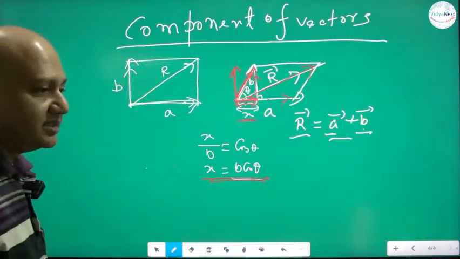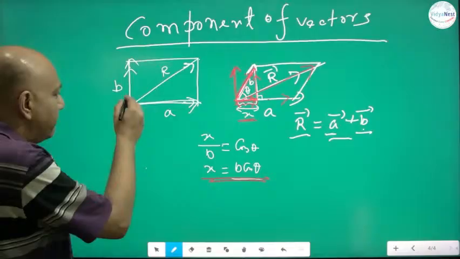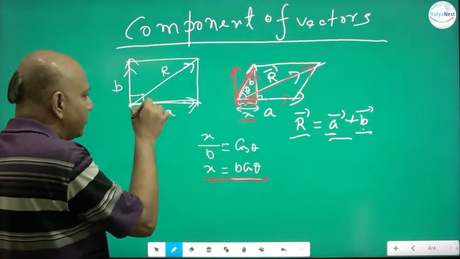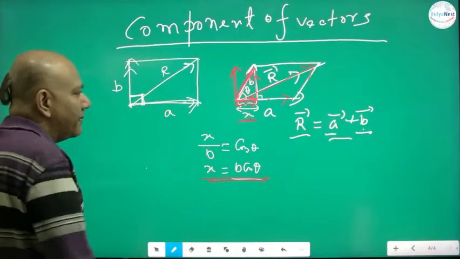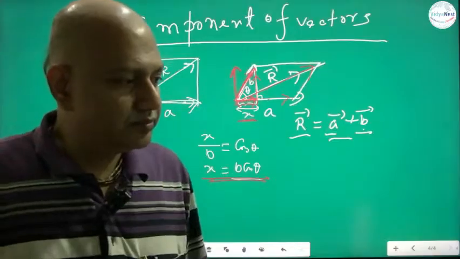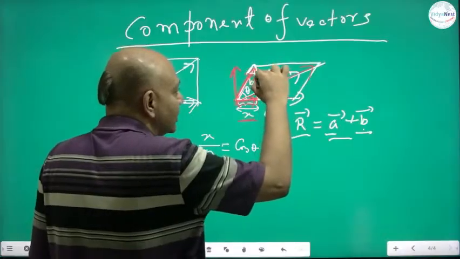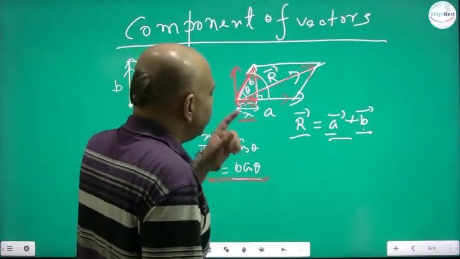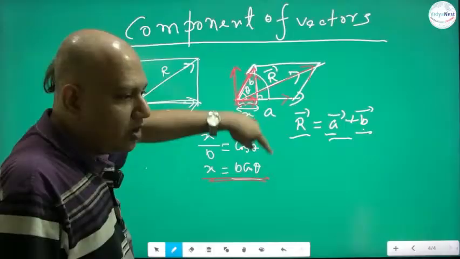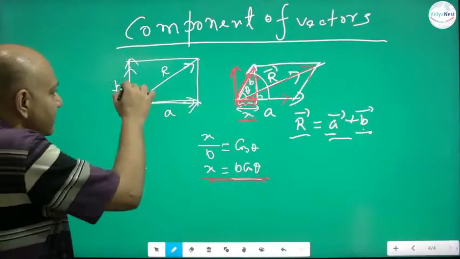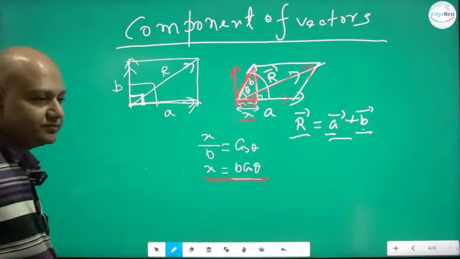Two components are there. But now these components are mutually perpendicular to each other. Previously it was not 90 degrees, A and B were not perpendicular to each other. But in this condition, this angle is 90 degrees.